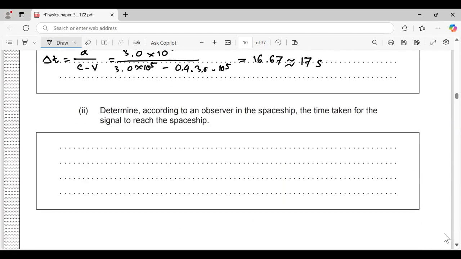Determine, according to an observer in the spaceship, the time taken for the signal to reach the spaceship. All right. So we're going to find the time taken, delta t prime equals gamma times delta t minus v times delta x over c squared.